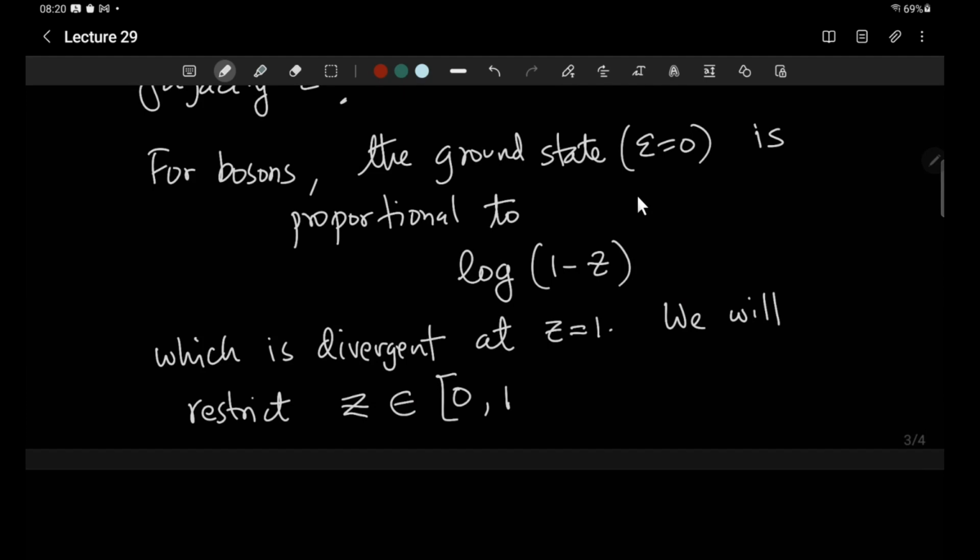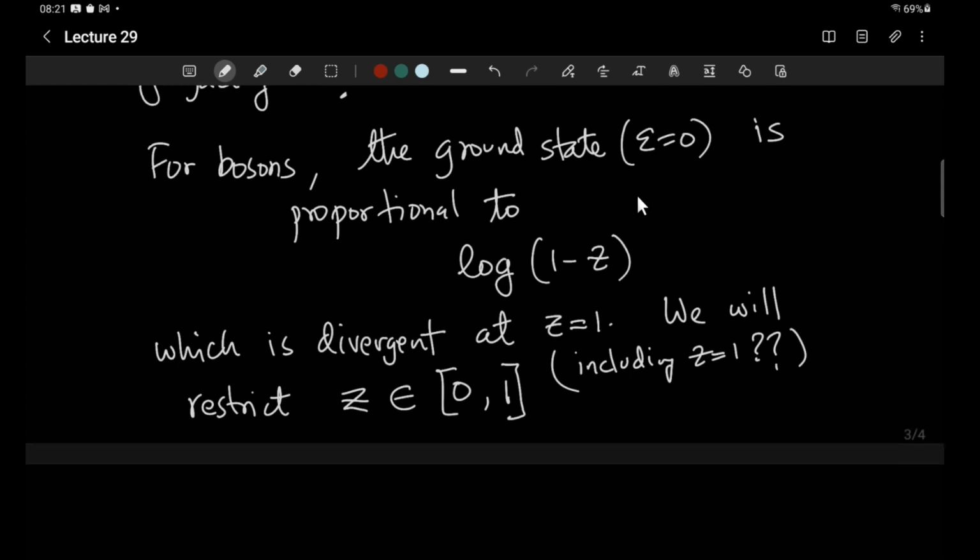I will say that 1 has to be included, we will see in a moment, but we'll put it in this region. Including 1 is to be explained. We have to understand that. Okay, so there is a log of 1 minus z divergence.